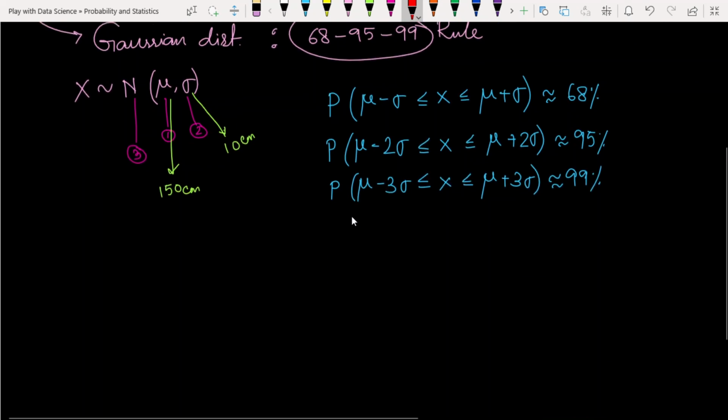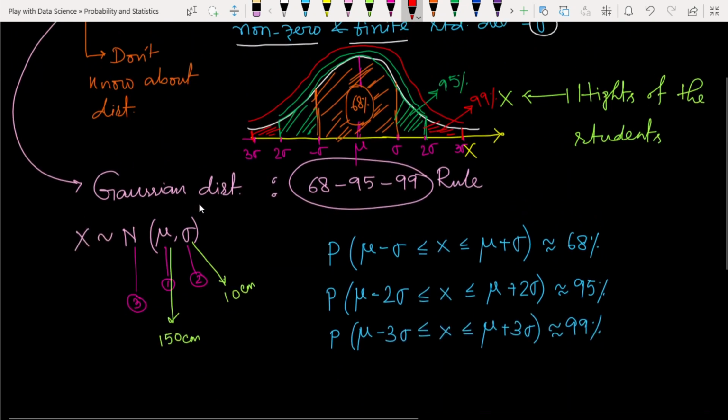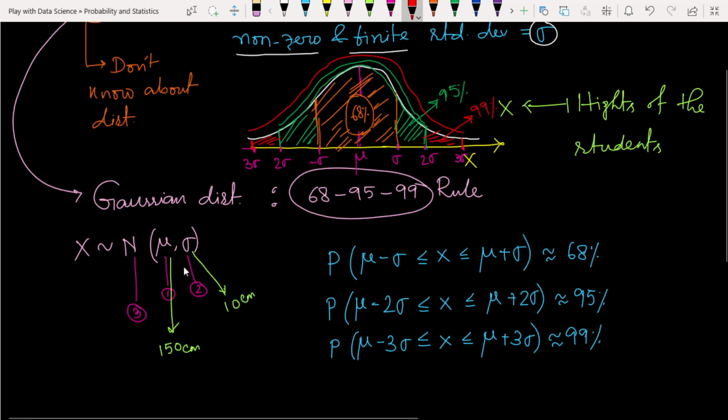These things are very important if we know the distribution, mainly if it is a Gaussian distribution, and we know its mean and standard deviation, which must be finite and non-zero. Then we can conclude this.